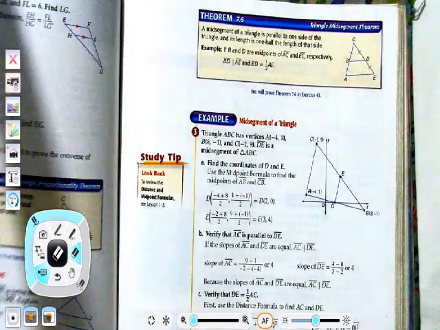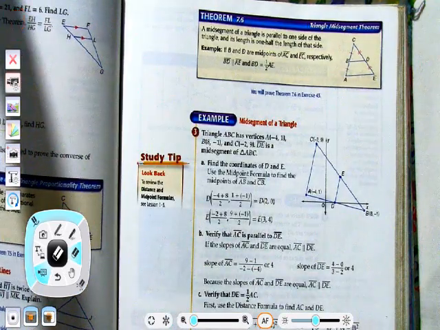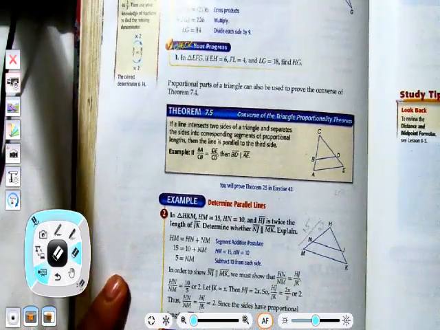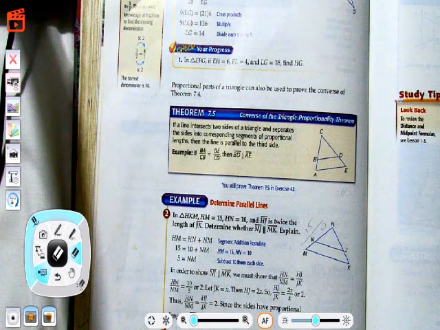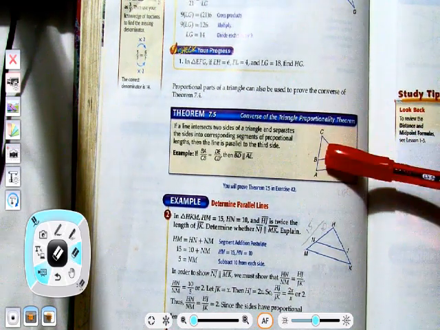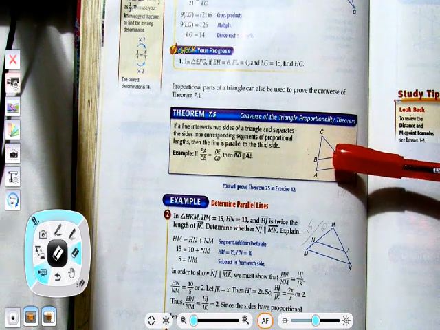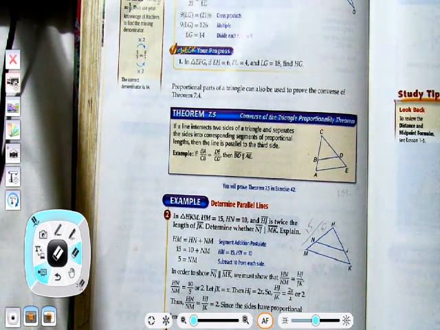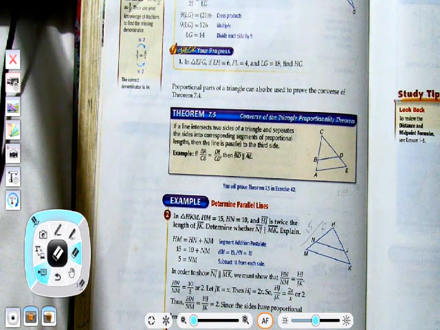We have the converse of the triangle proportionality theorem. You see the triangle does not have indicators that these two lines are parallel. Now, the converse is telling us how to identify parallel lines.